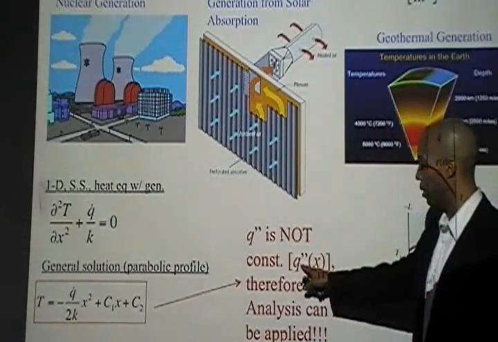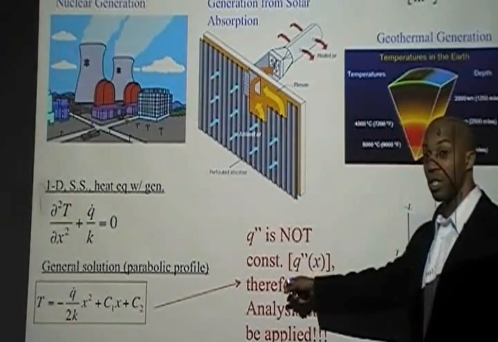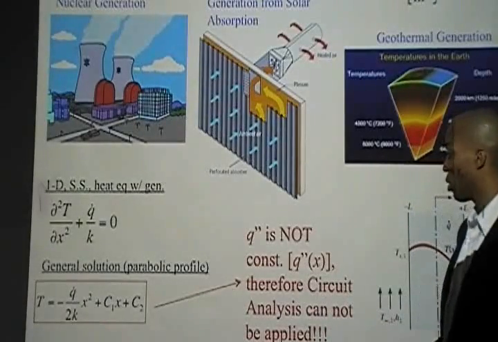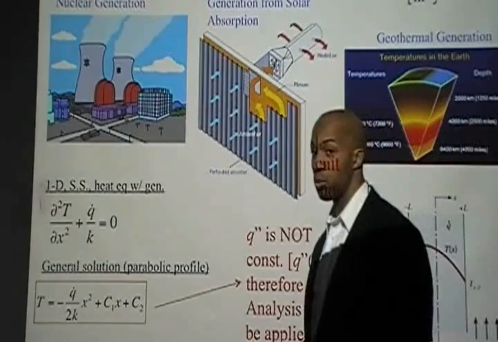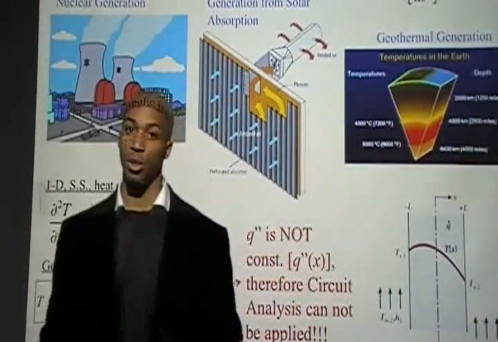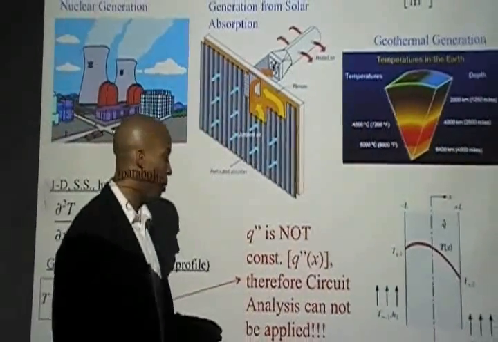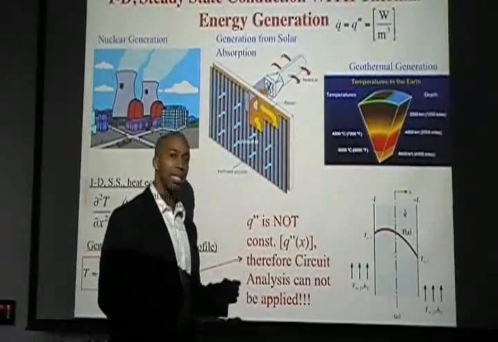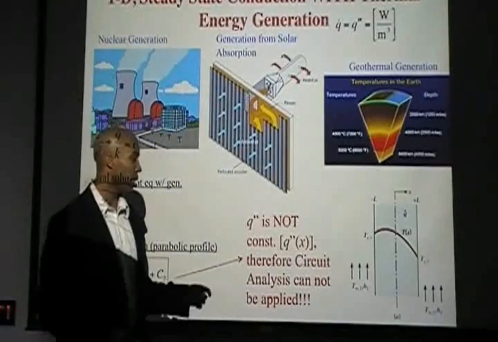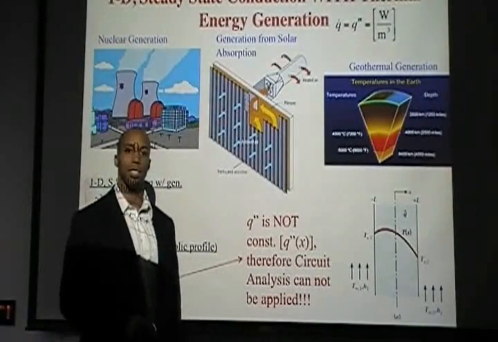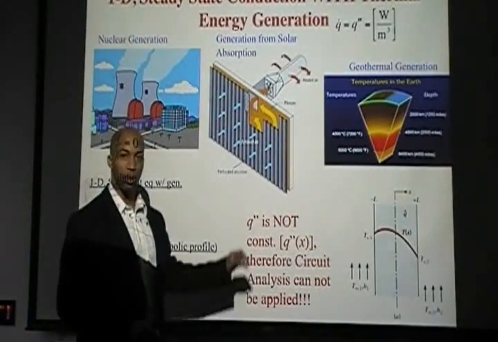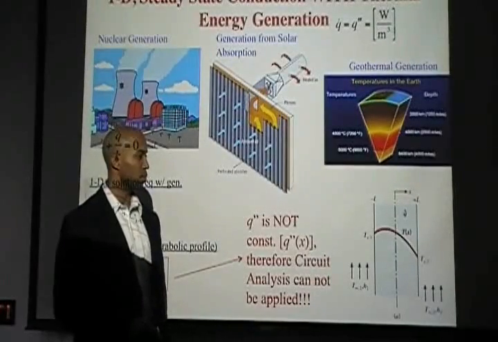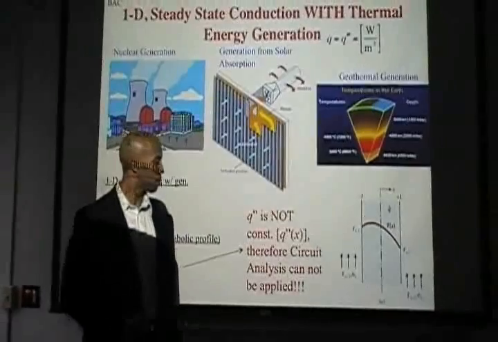So the heat flux is a function of x, but the heat rate is a function of x as well. So the big conclusion is that when you have this generation and this parabolic profile, you cannot apply the circuit analysis that we worked on for the past couple lectures. So we have to do something else.